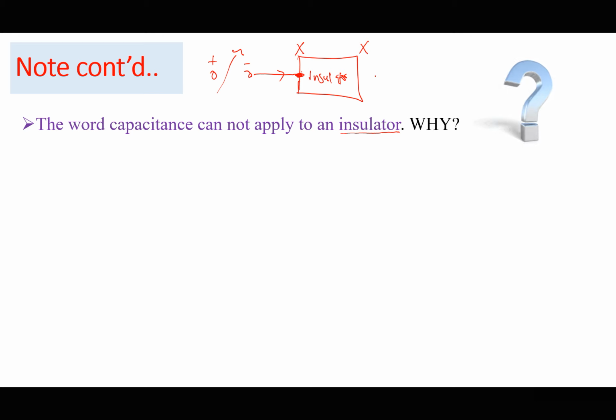Therefore, I can't use the term capacitance as being charge per unit potential, because charge does not distribute itself uniformly all over the insulator. The charges will accumulate around this point, and they will not be free to move to the other end. So the word capacitance cannot be applied to an insulator.